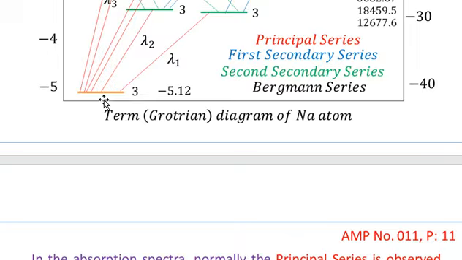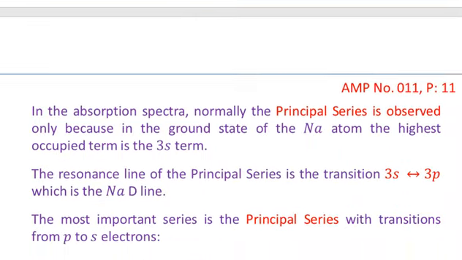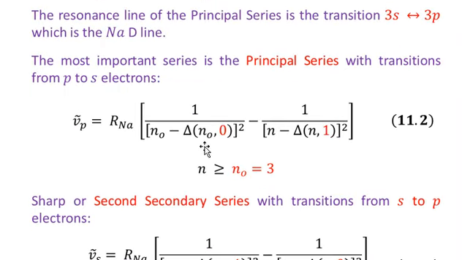All the transitions end over here, that is, from all the p states the transition takes place to the 3s state. So we have mentioned this as the first term with L equal to 0 and n naught equal to 3, because this is the initial level in the sodium atom.